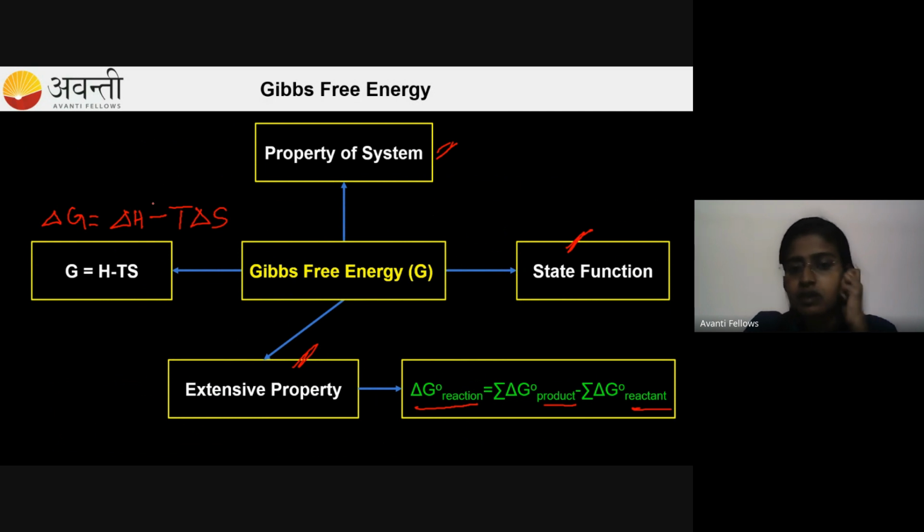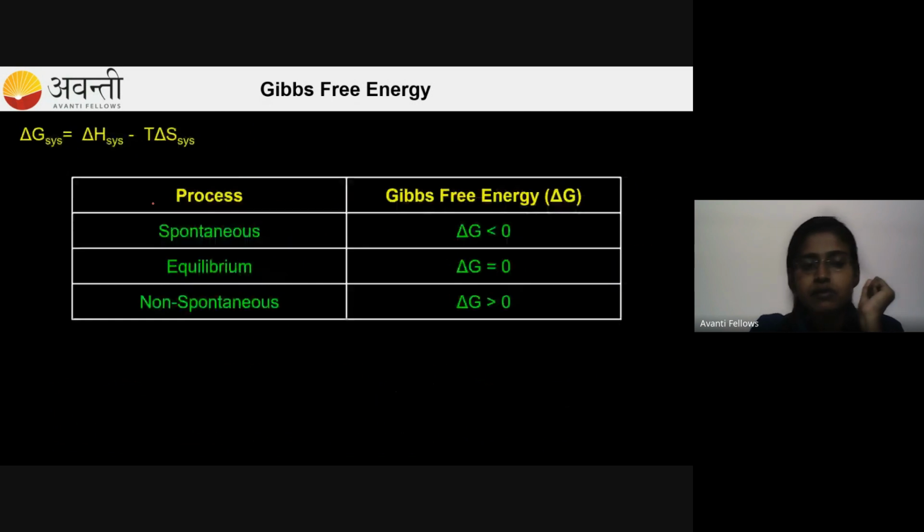Now here, this was the formula I was talking about. Delta G is equal to delta H minus T delta S. If delta G is less than 0, then the process is spontaneous. If it is equal to 0, the system is in equilibrium. If it is greater than 0, it is non-spontaneous.